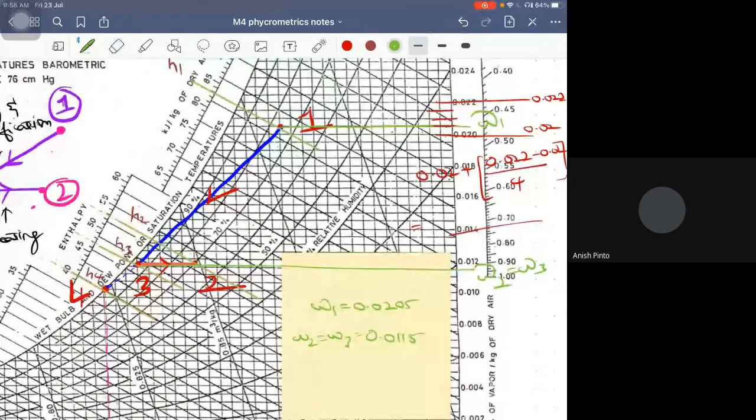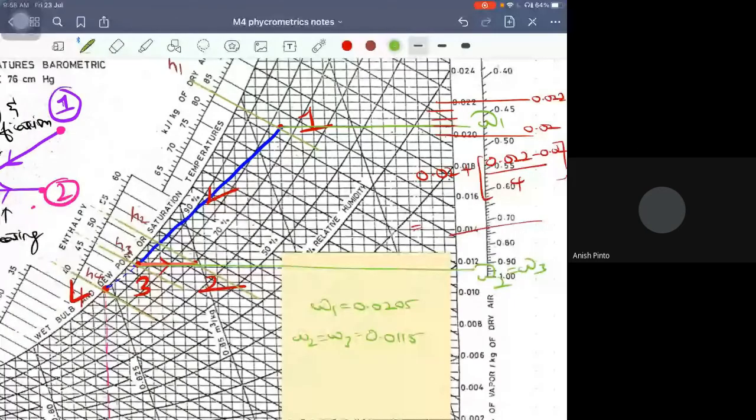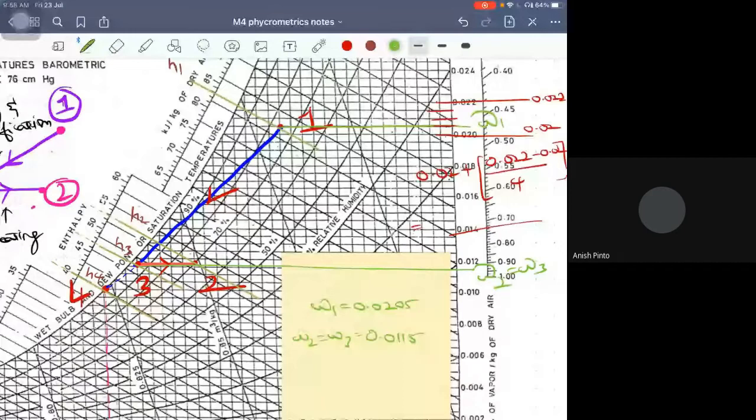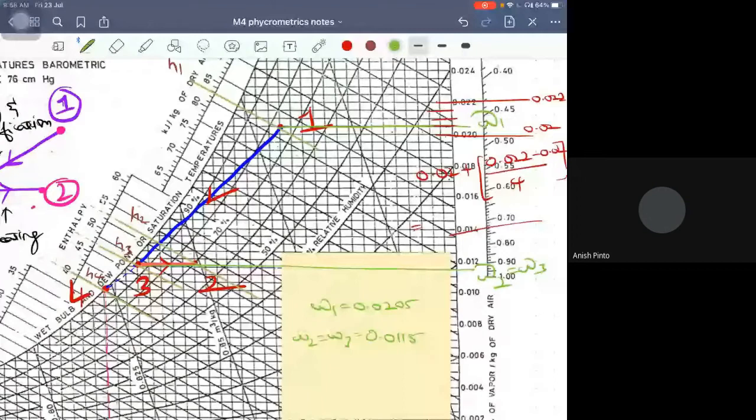Just check with the same procedure. 0.0115. Yes or no? Yes, sir.